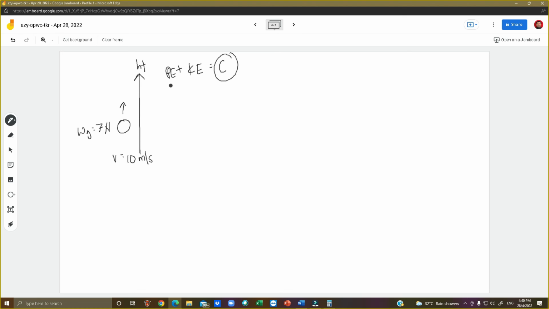Okay. So to start, kita nak cari apa dulu untuk solvekan C ni? PE ke KE dulu? Mana lagi senang? Based on what we have here. KE. Tapi apa benda yang kita nak kena guna?